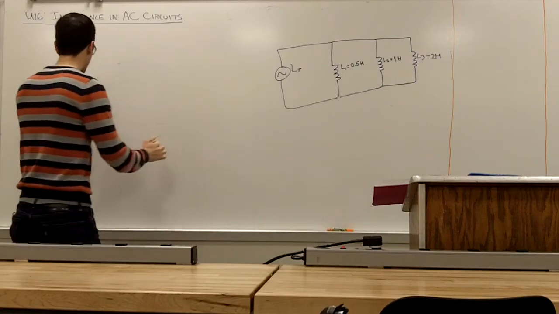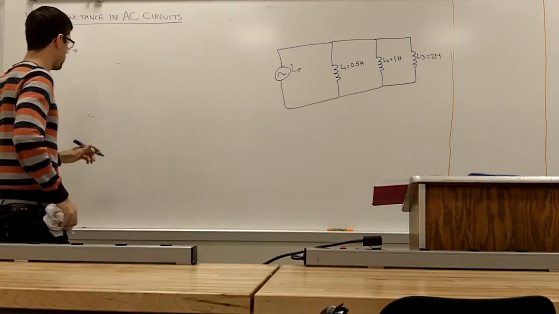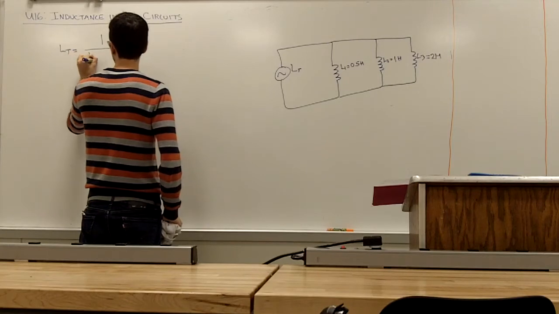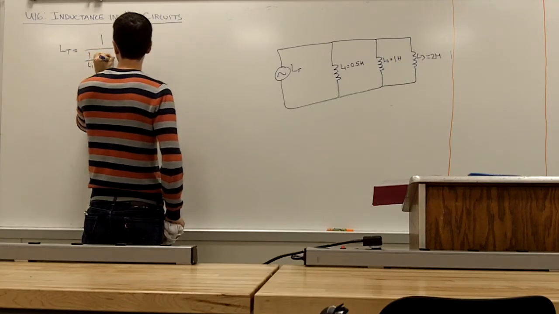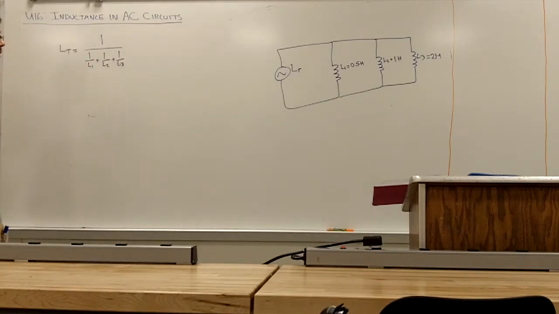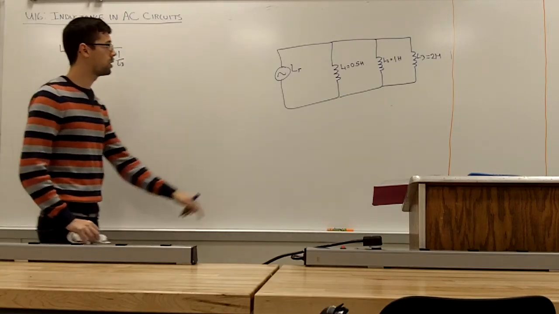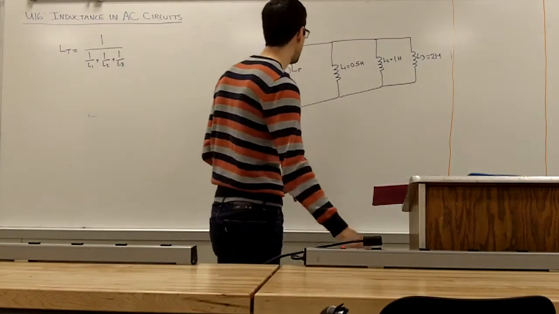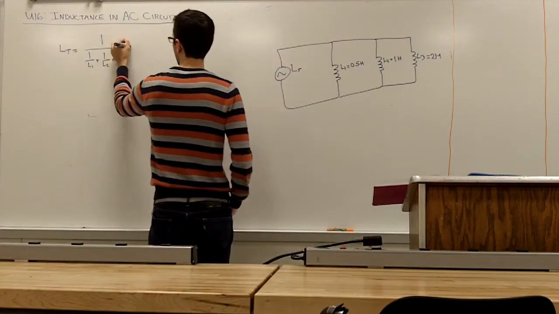It's going to be the reciprocal of the sum of the reciprocals of each inductor, or 1 divided by L1 plus 1 divided by L2 plus 1 divided by L3. Remember, on this formula, that means that the total inductance should be less than the smallest inductor, so we know it has to be less than 0.5.